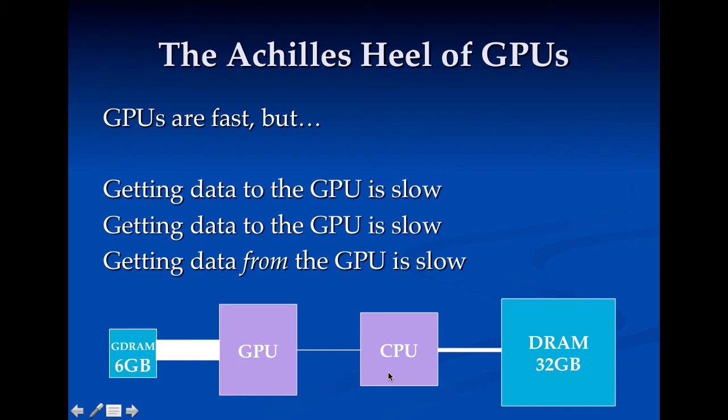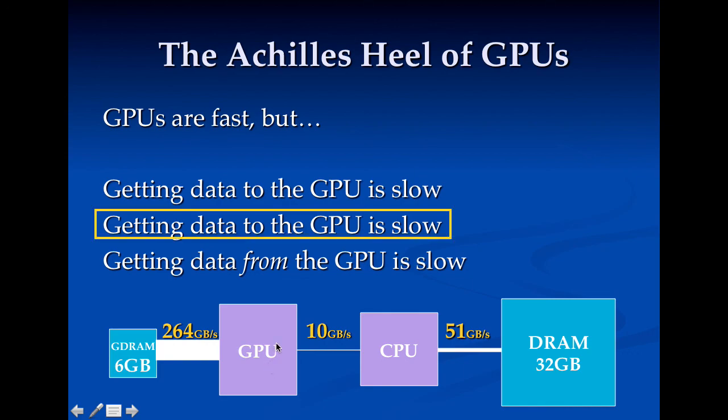These lines here are to scale. About 50 gigabytes per second between the CPU and DRAM, and over 250 between the GPU and its memory, but between the GPU and the CPU, we're around 10 gigabytes per second. So really slow. Please keep in mind that today the biggest problem with using GPUs to accelerate is exactly this. Getting data to the GPU is slow.